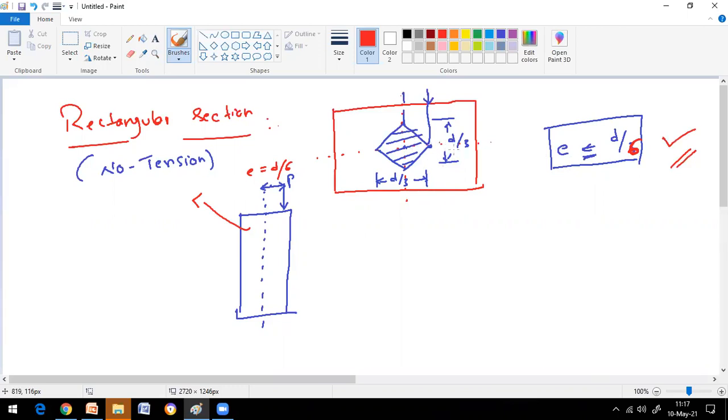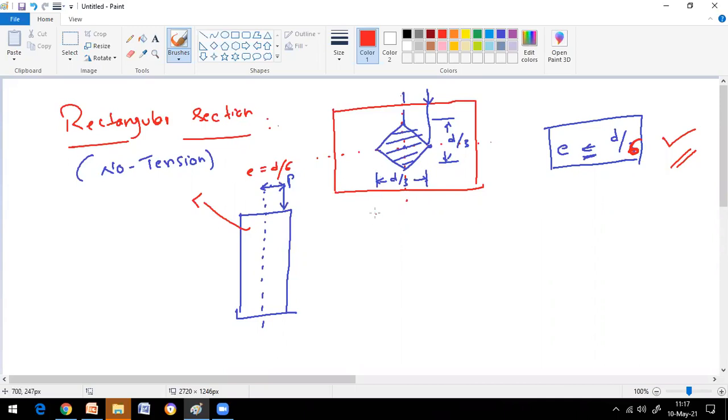How did you get this d/3? Same as the formula we wrote earlier: E less than or equal to 2k²/d. With respect to that only we have calculated this. If you want, let me show you how we calculated this for the rectangular section.